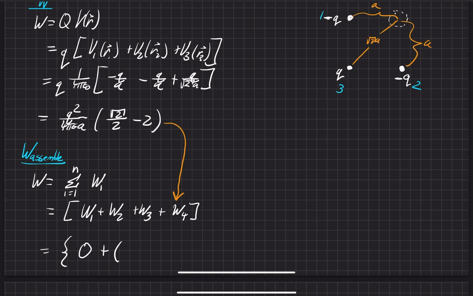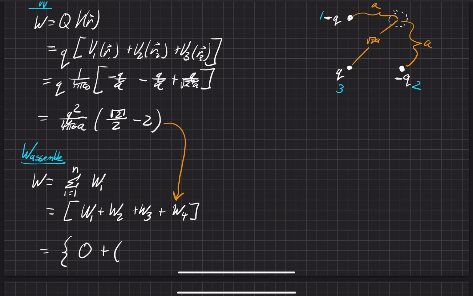And then the work to bring in charge number 2 right next to another charge that also has a negative Q charge. The work to smash these two together is going to be, of course, the same relationship that we have here, where it's the charge that you're bringing in times the potential from the system.